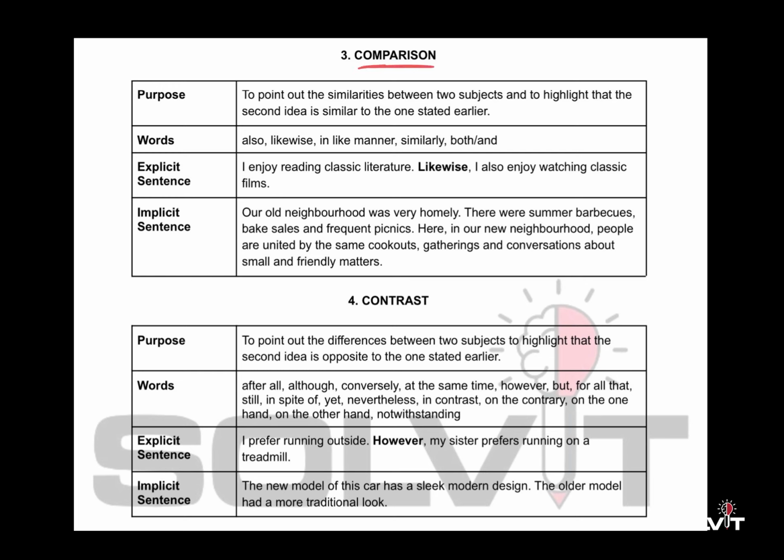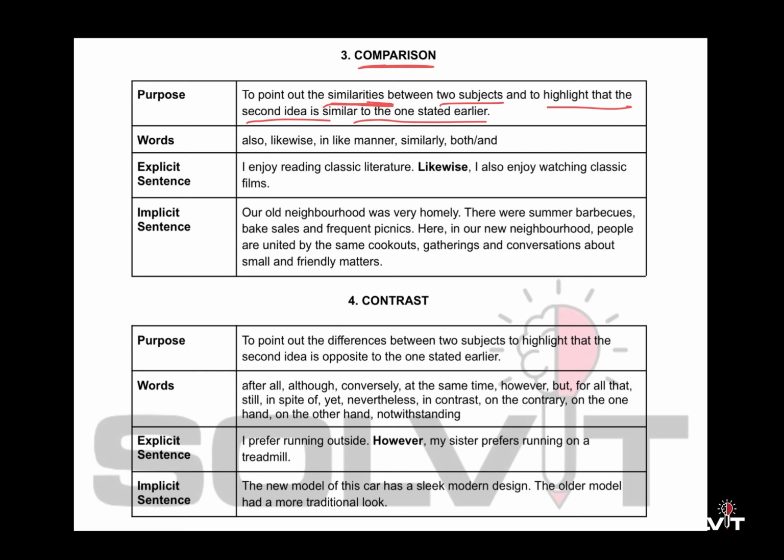Okay, so to point out the similarities between two subjects and to highlight that the second idea is similar to the one stated earlier. Okay, so in this one, basically what's going to happen is in the first sentence, the author will be discussing something. He will be discussing an idea or a subject, whatever. And in the second sentence, he will be pointing out the similarity between another subject and the subject he previously mentioned, right?